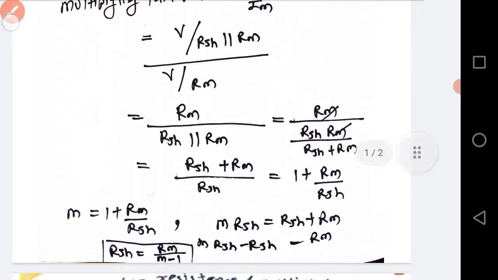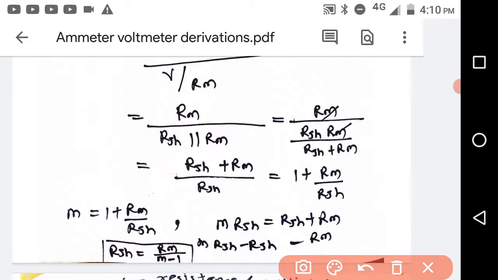If you write the formula for the parallel combination, you will get this one. Now RM and RM get cancelled, RSH plus RM will go upward, and this is RSH. If you solve it further, you will get M is equal to 1 plus RM divided by RSH.